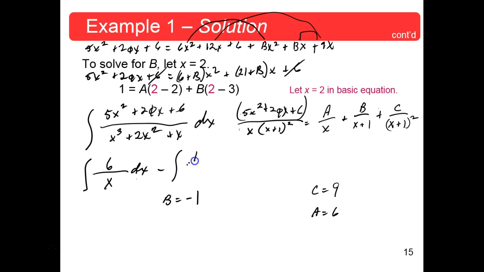That would be 1 over x plus 1 dx plus, I'm going to pull out the 9 because I don't think we need it there, 9 times the integral of dx over x plus 1 squared.